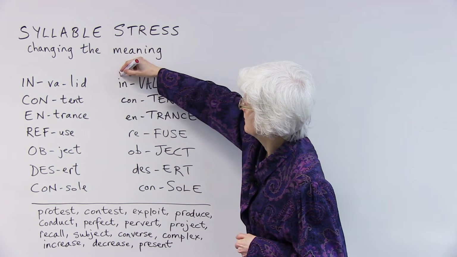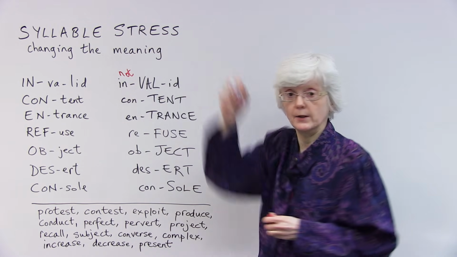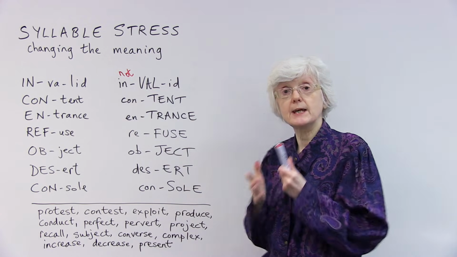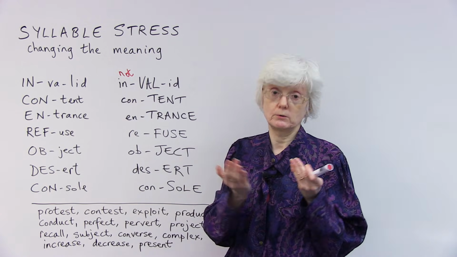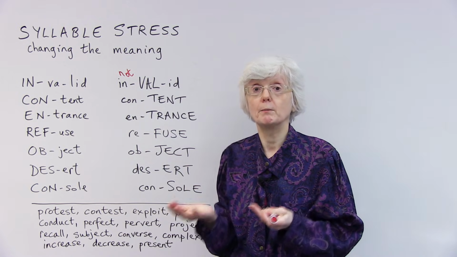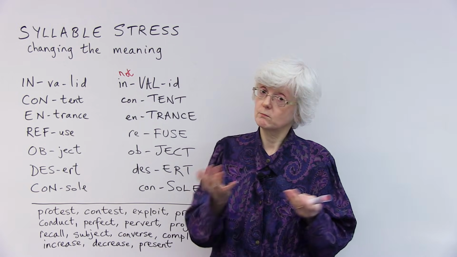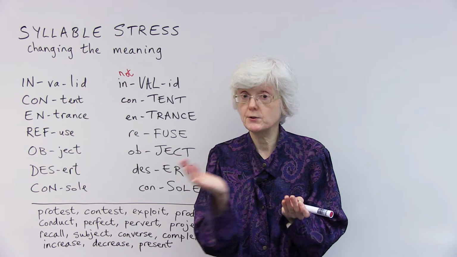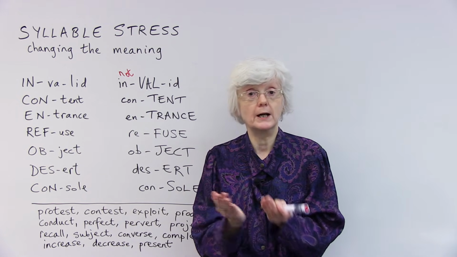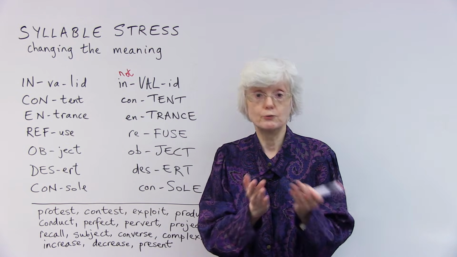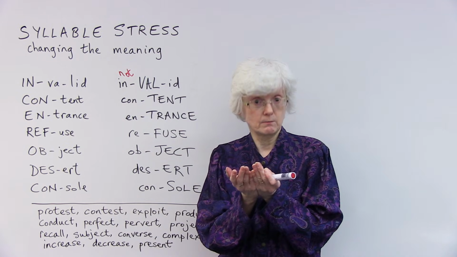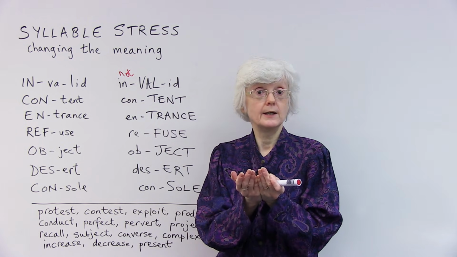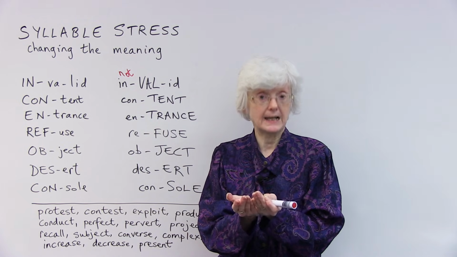So the in at the beginning means not. So if something is invalid, you cannot use it. Maybe your passport, when you go to another country, you didn't notice that it was out of date. The date has gone by and you forgot to renew it. And at the border control, they might say, "I'm sorry, your passport is invalid.